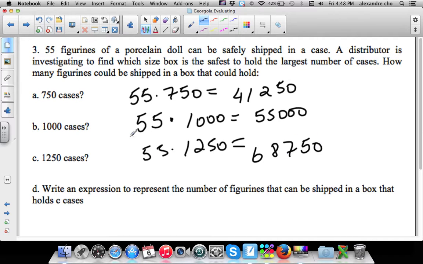So again, you can clearly tell that 55 here is what stays the same. And so our coefficient is 55. And what changes is the number of boxes or cases, and I guess we can use the letter C. Here's our expression, 55 times C. That will give us the total number of figurines.